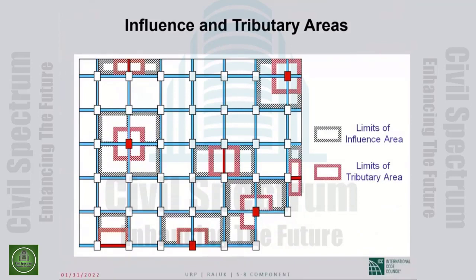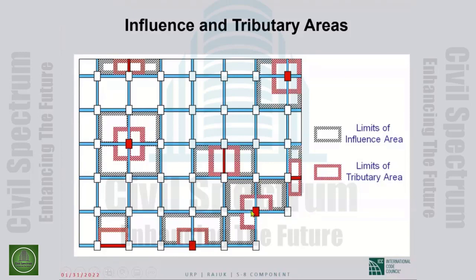Okay. And ASCE 7-98 gave you this very nice picture of tributary area and influence area superimposed on top of each other. For this column, this is the tributary area, this is the influence area. This overhanging beam, this is the tributary area, this is the influence area. And so on and so forth for everything.